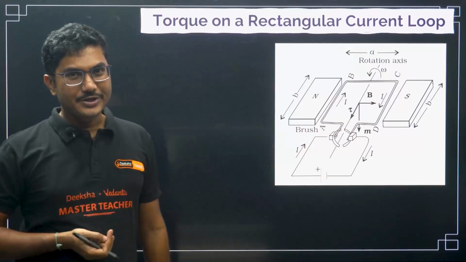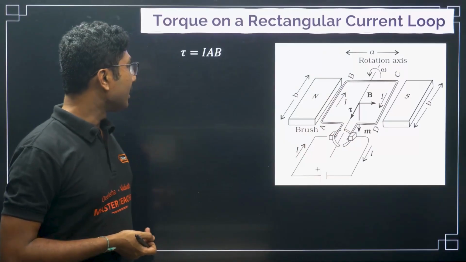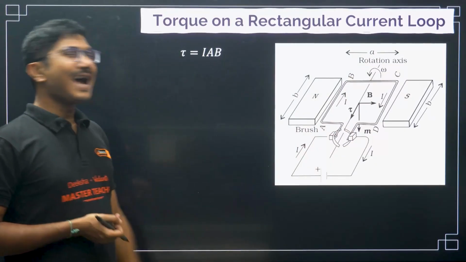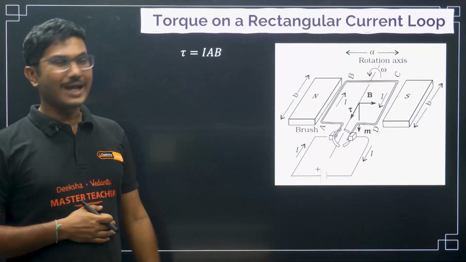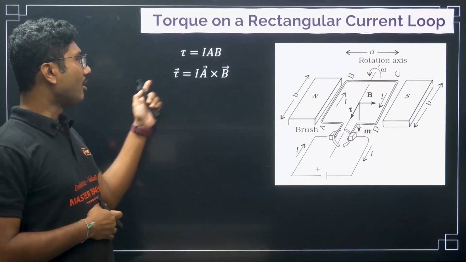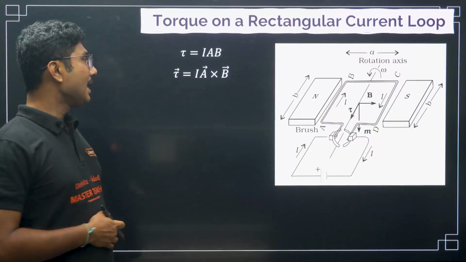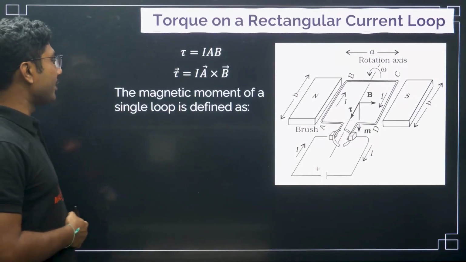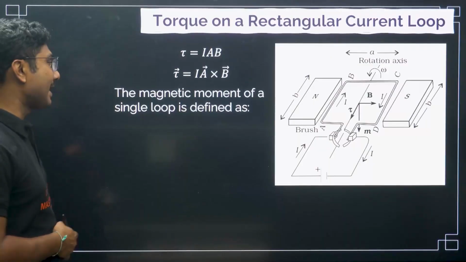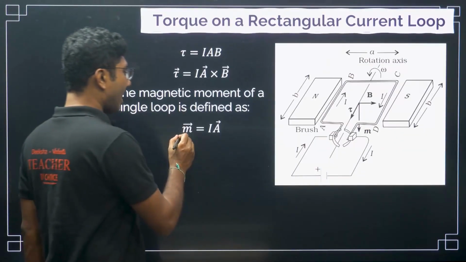The expression for torque is given by IAB, or you can also write this as IA cross B. Now the magnetic moment of a single loop is defined as M equals I into A.